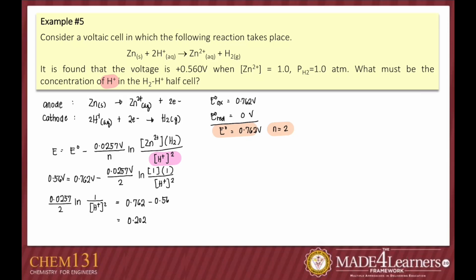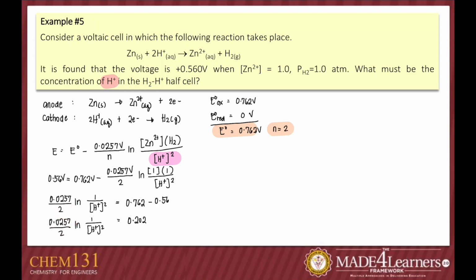So now this is 0.0257 over 2 times ln of 1 over H+ squared. This is the coefficient, a fraction. So what we're going to do is to cross multiply.